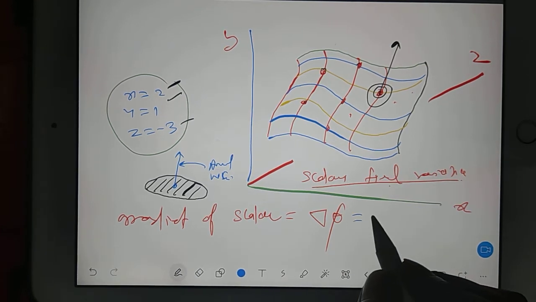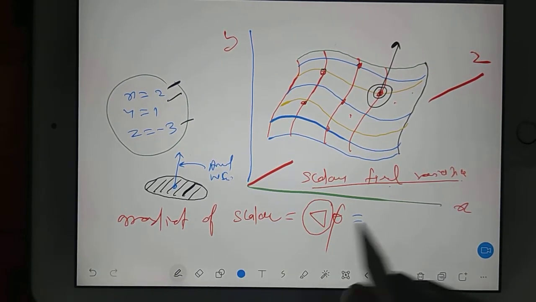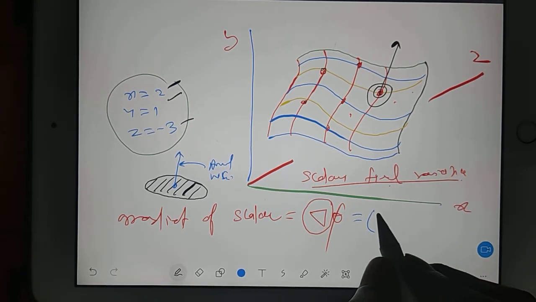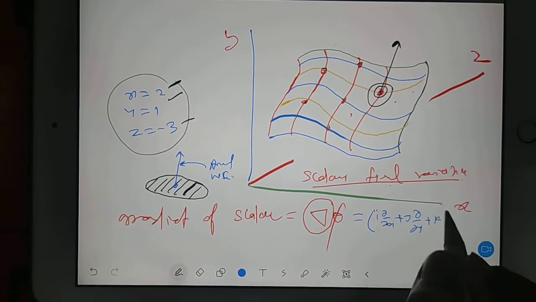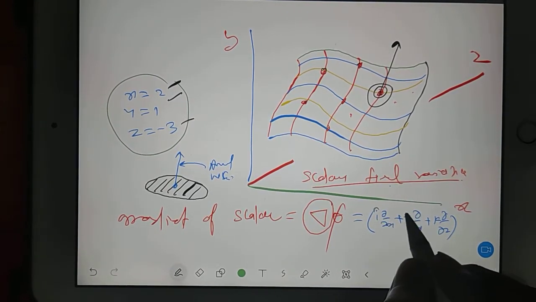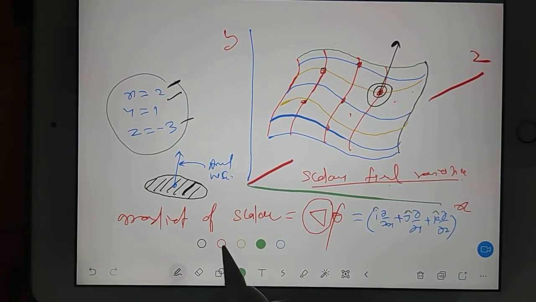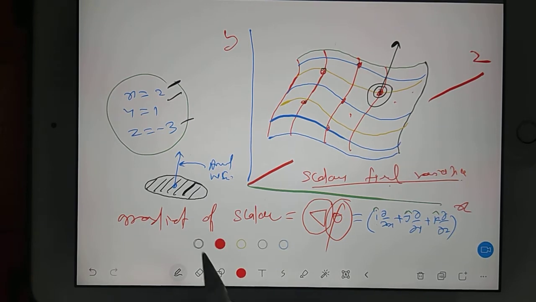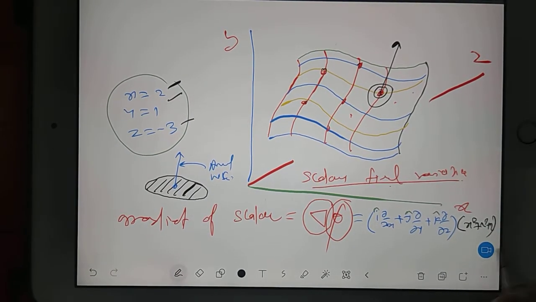This itself has a value, and that value you put in the bracket: i dou by dou x plus j dou by dou y plus k dou by dou z. Don't forget to put i, j, k cap. Then the phi value is also there, so you substitute that phi value in a separate bracket: x square plus y square plus z square.